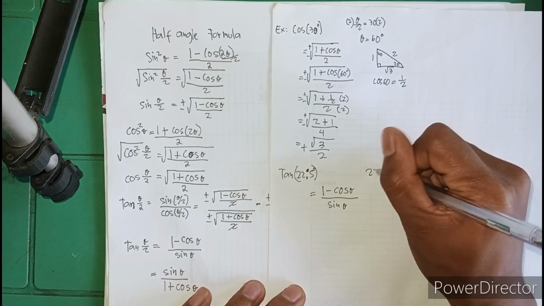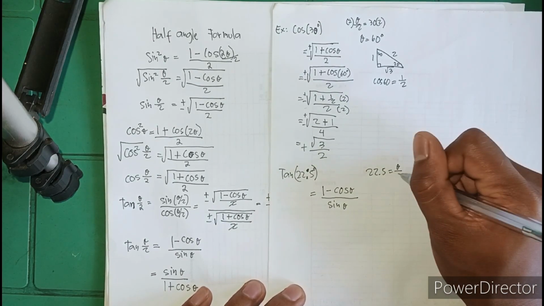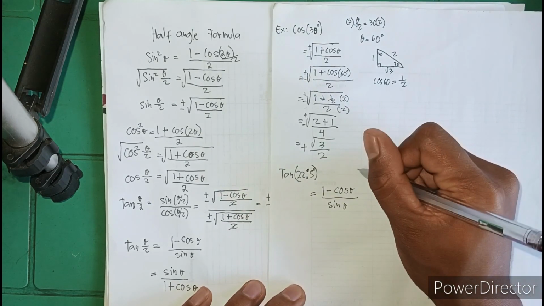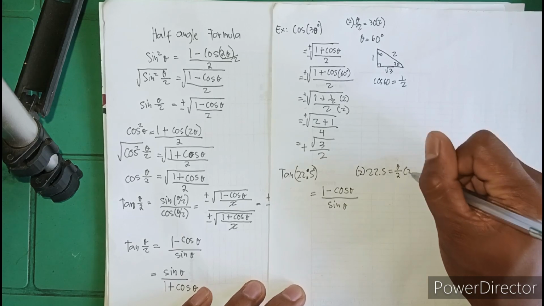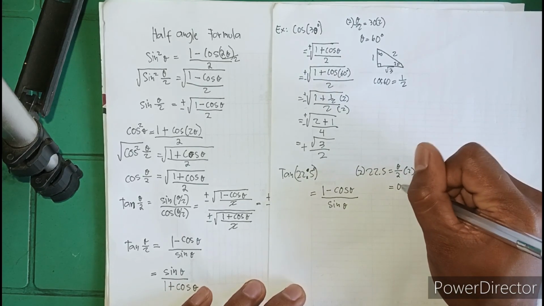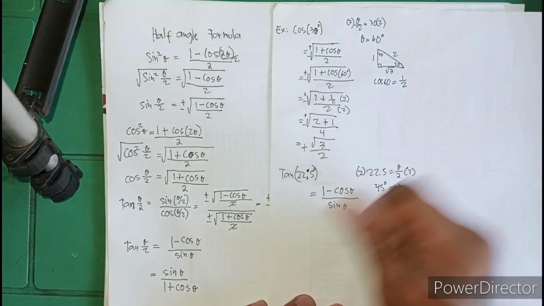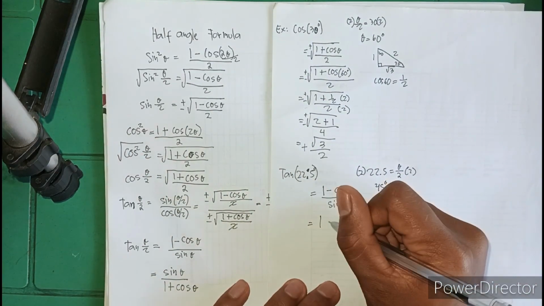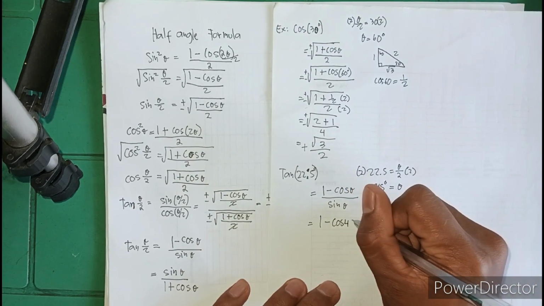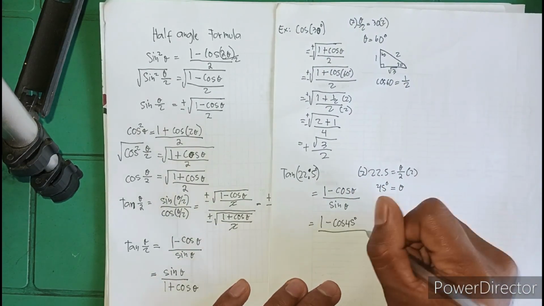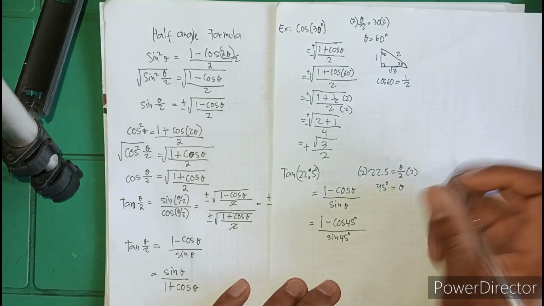So 22.5 is our theta over 2, which is simply, if we multiply both sides by 2, our theta of 45 degrees. So all we need to do is substitute cosine of 45 degrees over sine of 45 degrees.